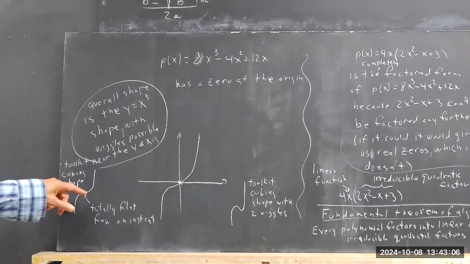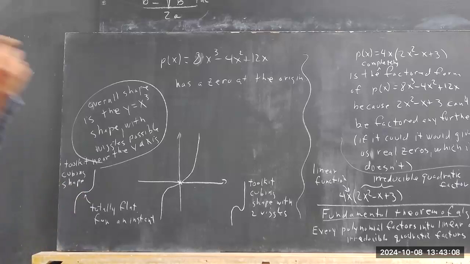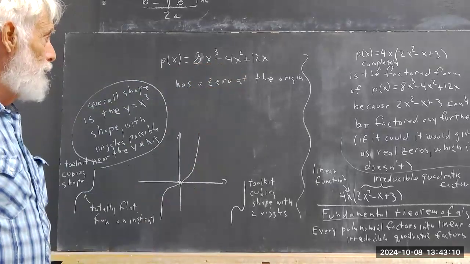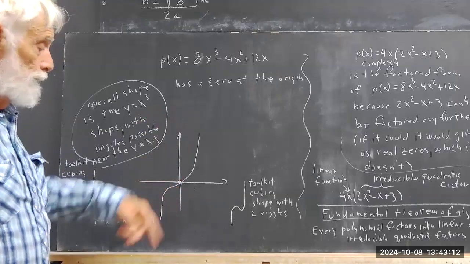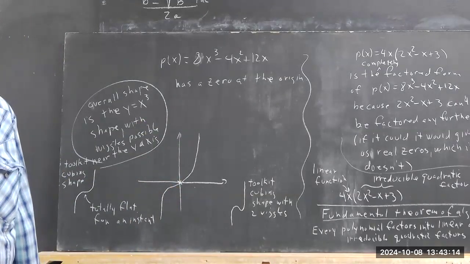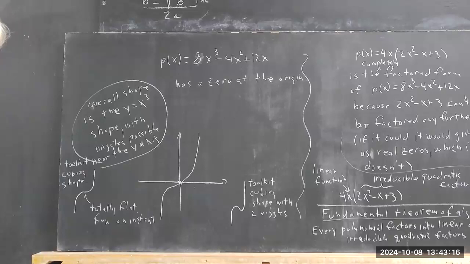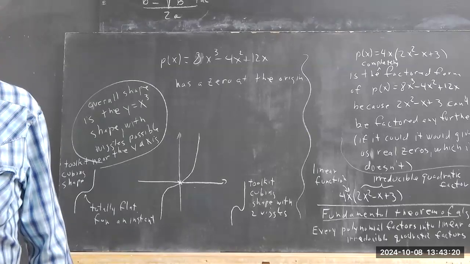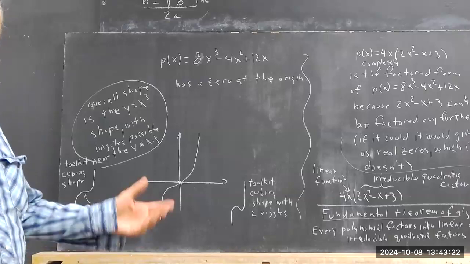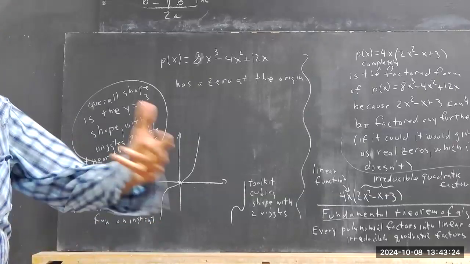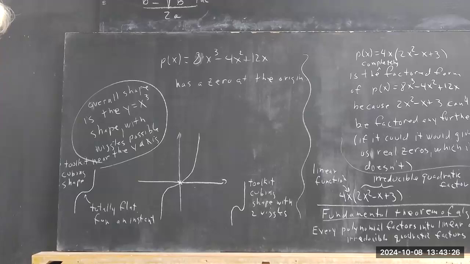Now, if it's just plain old x cubed, it completely flattens out. But this here says maybe it doesn't completely flatten out and it goes through the origin. Okay. And maybe it does something different. Sometimes you just got to make a guess. Just get a graph that looks about right.